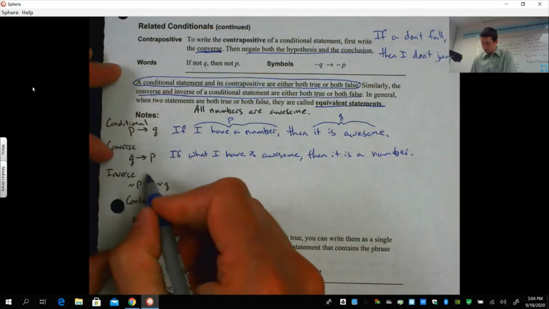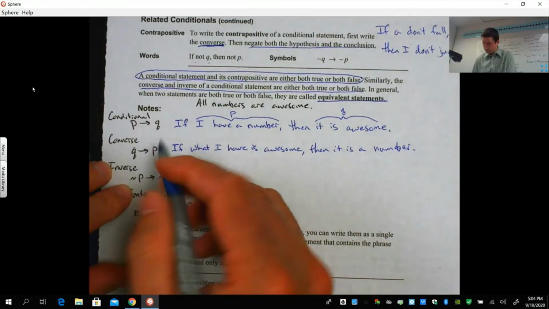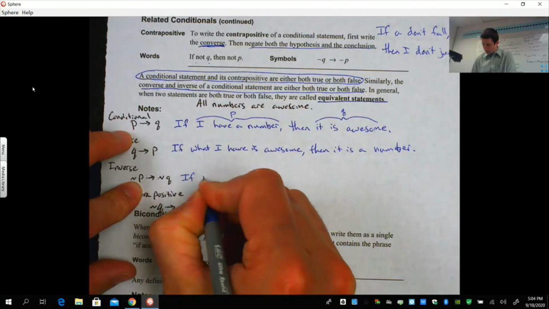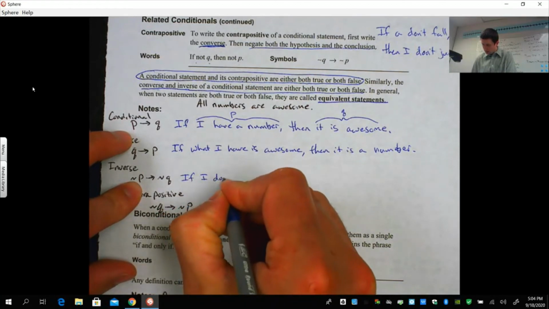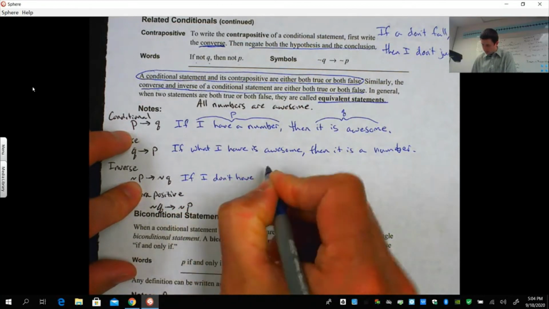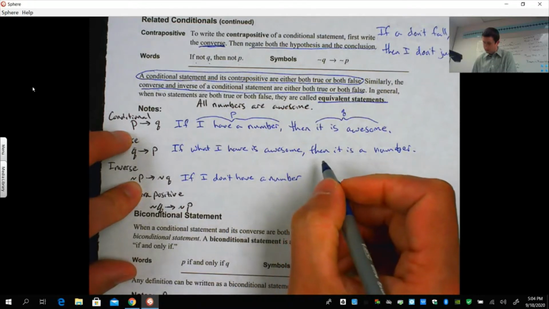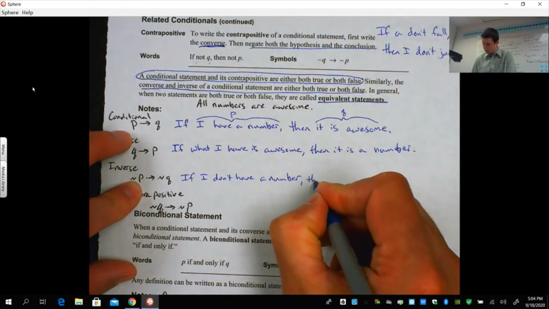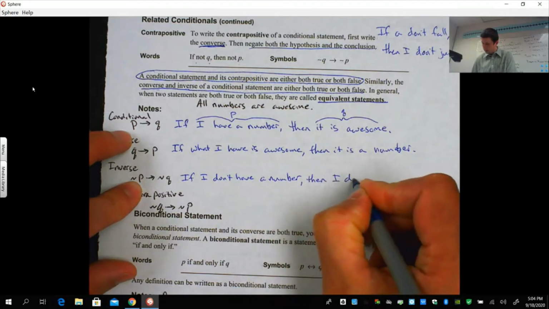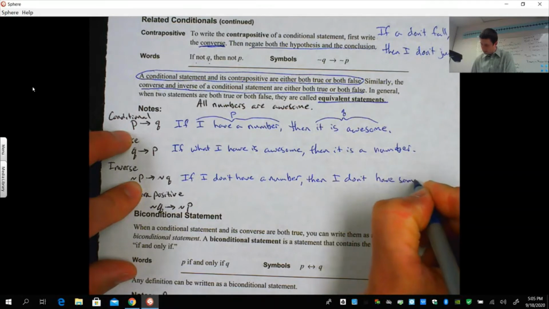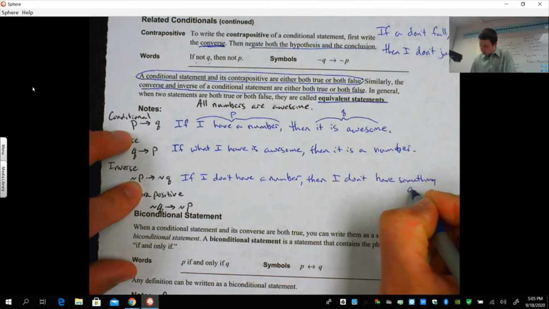Okay, so inverse, not P. Let's keep going here. Not P implies not Q. So here, if I don't have a number, then I don't have something awesome.